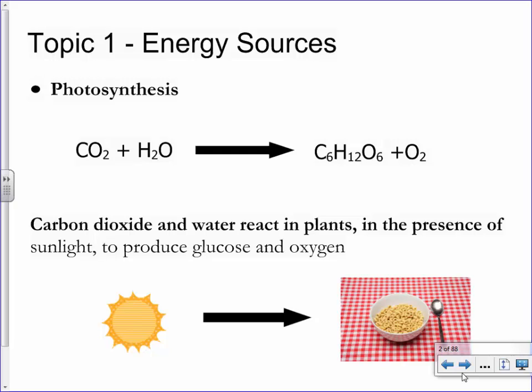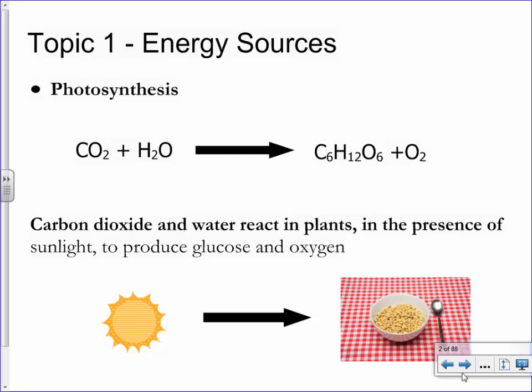Grains are plants, and plants grow because of the sun. Similar concept with the milk I poured in my cereal. How did the milk get formed? It came from a cow. How did the cow live? The cow ate some grains, and the grains came from plants, which came from the sun. Does that make sense? So photosynthesis is a fundamental process behind where a lot of our energy as humans comes from.